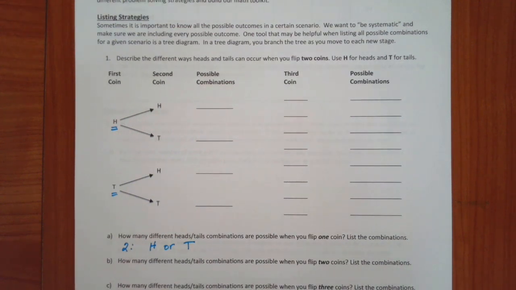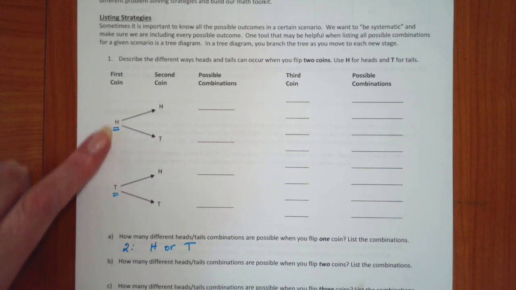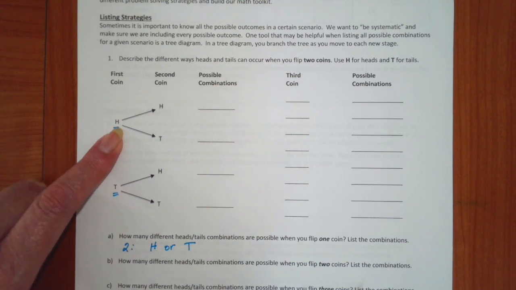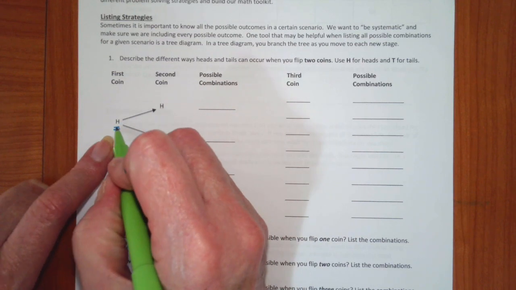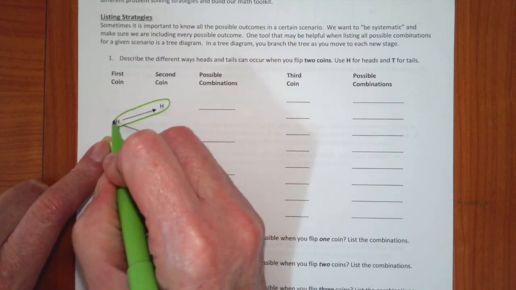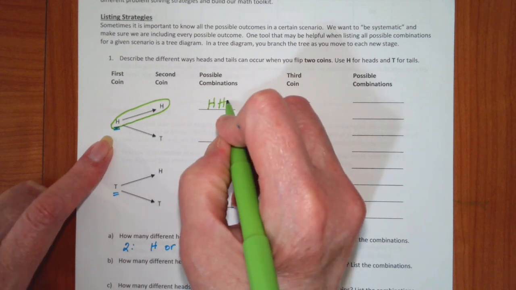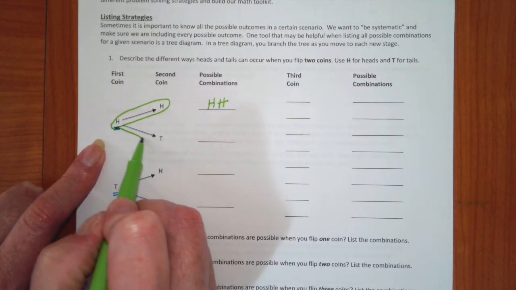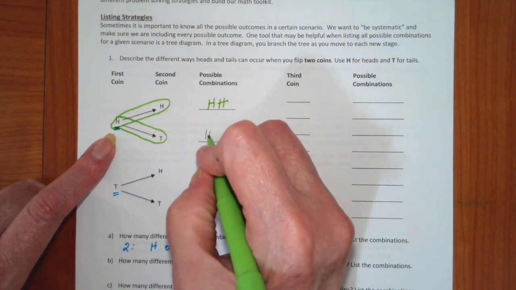But what happens when I flip two coins? Well, we already know that the first one can either be a head or a tail. If the first coin is a head, then the second one can also be a head, which would give us the combination head-head, or it can be a tail, which would give us the combination head-tail.